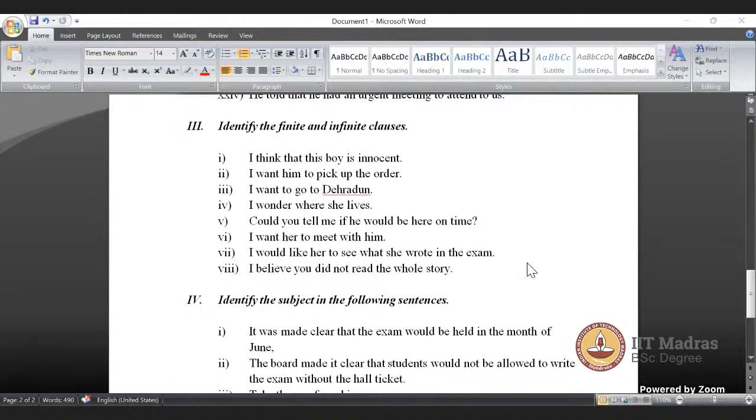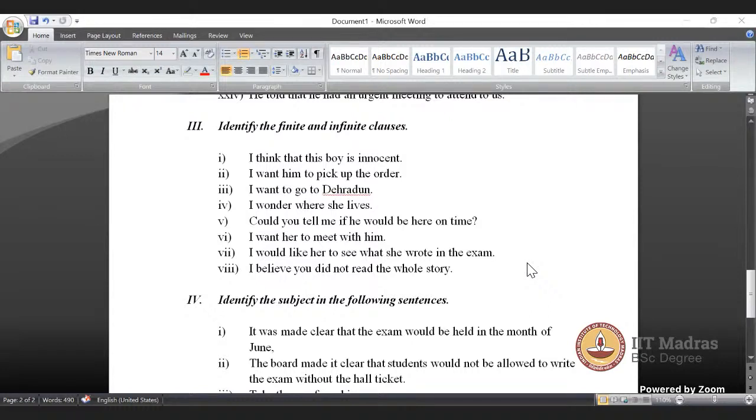You have be there, no? He would be here on time. It gives you a sense of present tense. That is finite. This is the finite clause. Just look for the tense. If you are not able to locate tense in the sentence or the clause, then definitely it's an infinite verb.